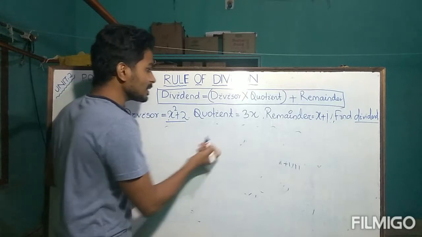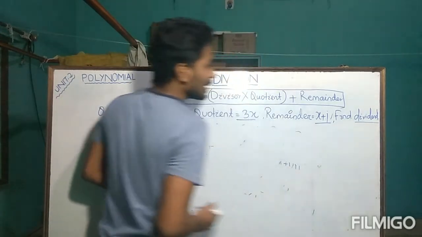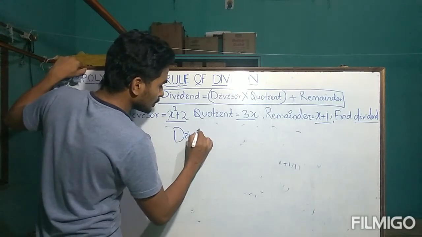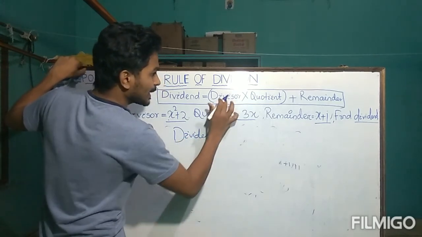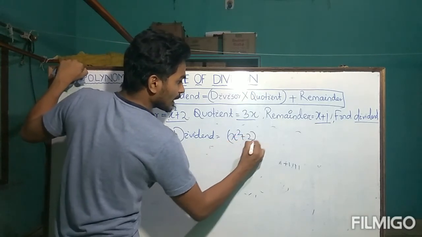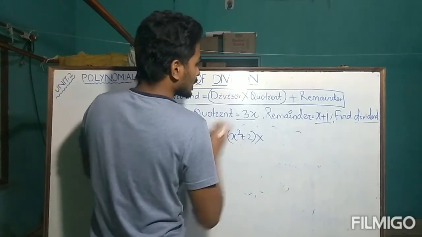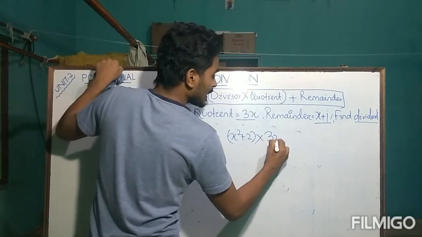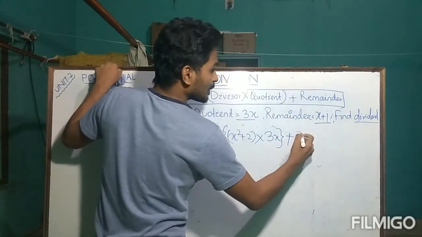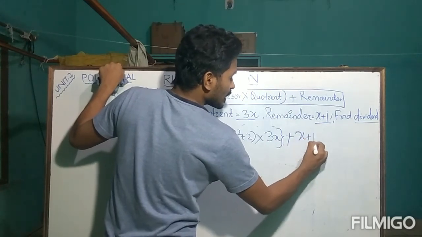We have the divisor, quotient and remainder. As we know, dividend is equal to divisor, that is x square plus 2, into quotient, here 3x, plus the remainder, which is x plus 1.